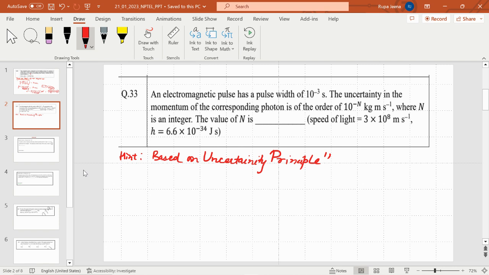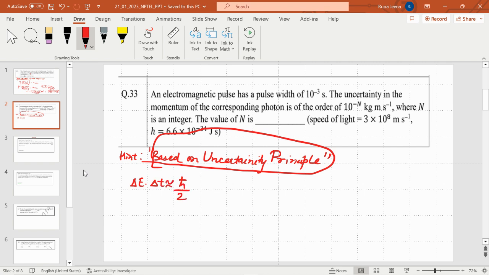Try to incorporate both formulas, the Heisenberg formula, and you will get the answer for this. Tell me the answer of this question.